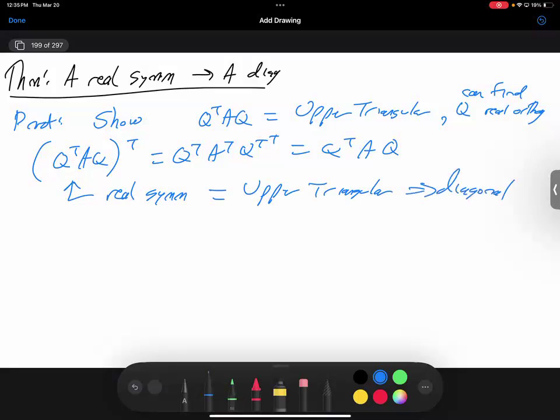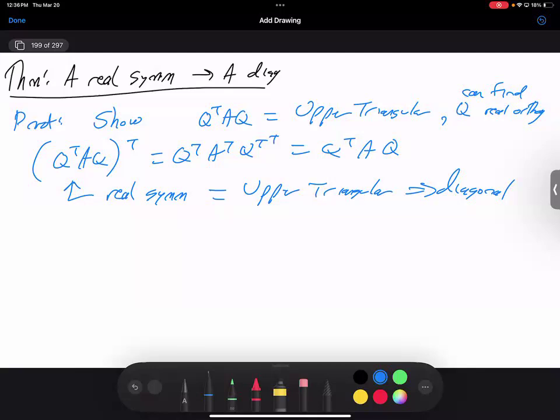So if you can prove that you can bring an arbitrary real symmetric matrix into upper triangular form, it immediately proves to being diagonal if you do it through an orthogonal transformation. And now you prove that any matrix can be brought into upper triangular form.